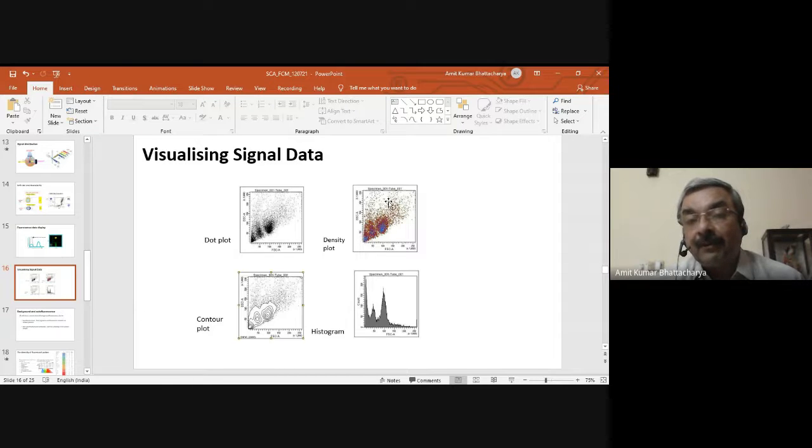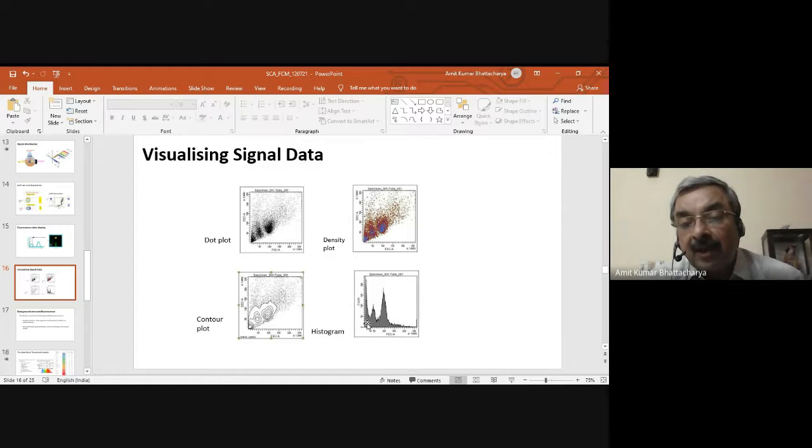So you have a population of cells here, and each dot is one cell, and all the cells you see here are all the cells that have passed through the system, through the machine. Let's say if you have passed 1 million cells, all the 1 million cells appear here. And if you look at one dot, that represents one cell, and you get to know its corresponding side scatter value and its corresponding forward scatter value, and that will be for one particular cell.